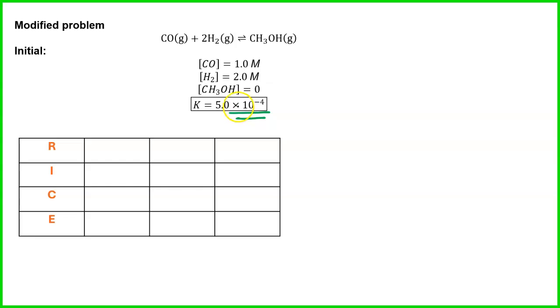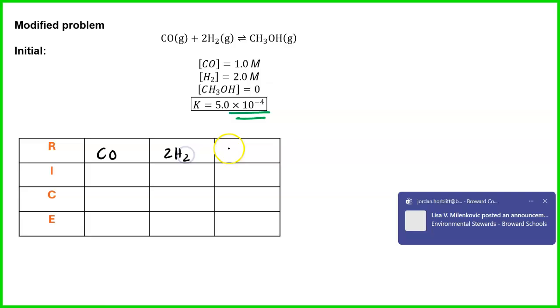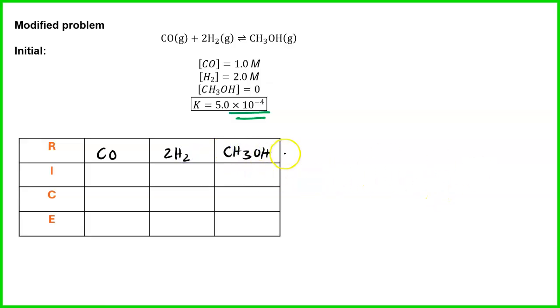Okay, again, that K changed, so make sure you change it to not just 5, but 5 times 10 to the negative 4. I'm going to fill in my ICE table starting with the reaction. So I have CO, which is carbon monoxide, 2 hydrogens, and then I have CH3OH. Then I'm going to fill in my initial concentrations. I started with 1 molar, 2 molar, and 0 for my products.